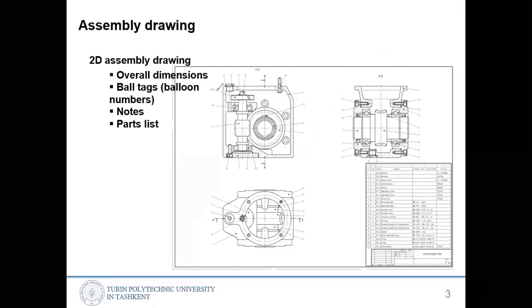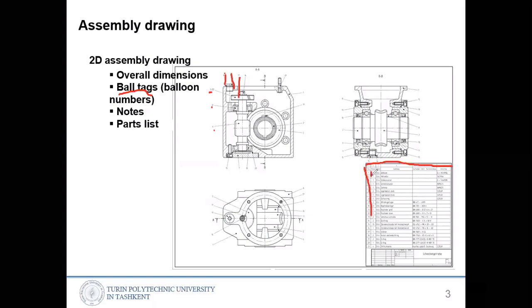To understand which part is where and the names of the parts, an assembly drawing almost always has bold tags. We call them tags, like 1, 2, 3, 4. So this part is 1, another part is 2, another part is 3. And then here we have the list of parts, the bill of material.